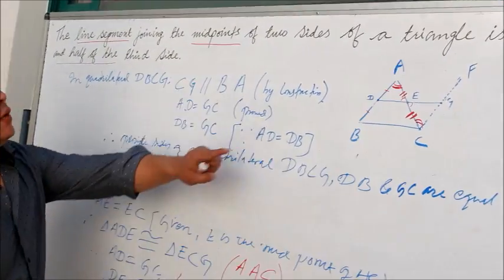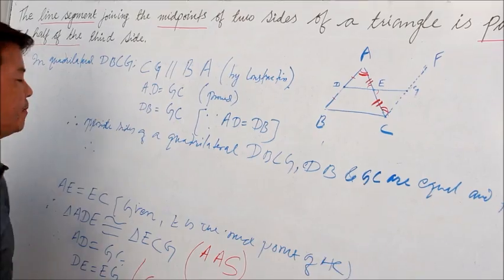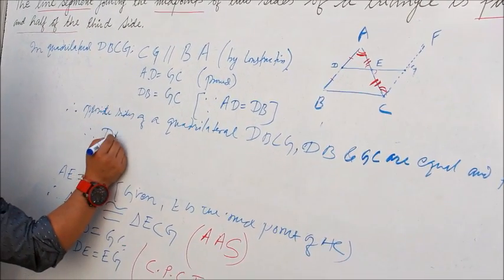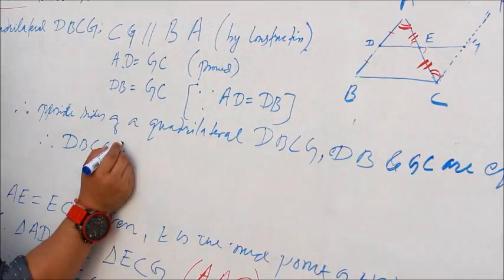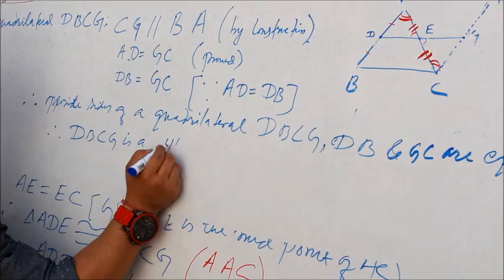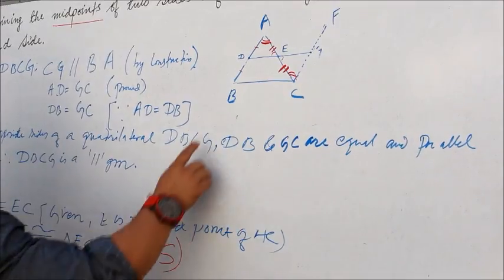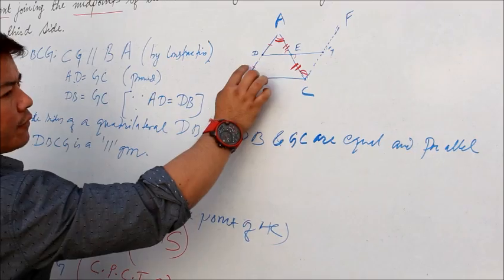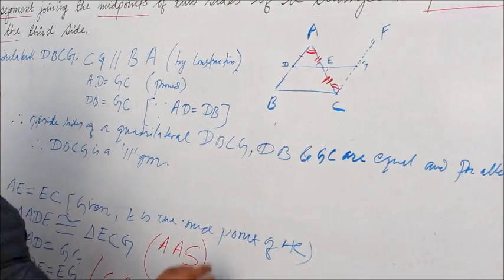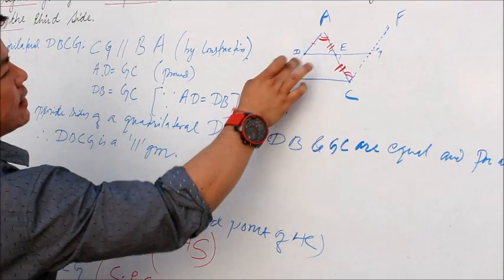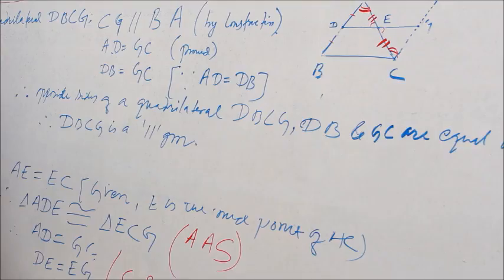Therefore we can say that DBCG is a parallelogram. How can we say that a quadrilateral is a parallelogram? If one pair of opposite sides are equal and parallel, then we can say DBCG is a parallelogram.